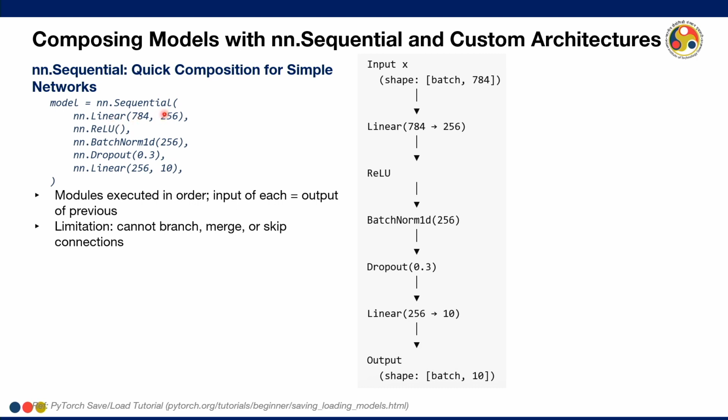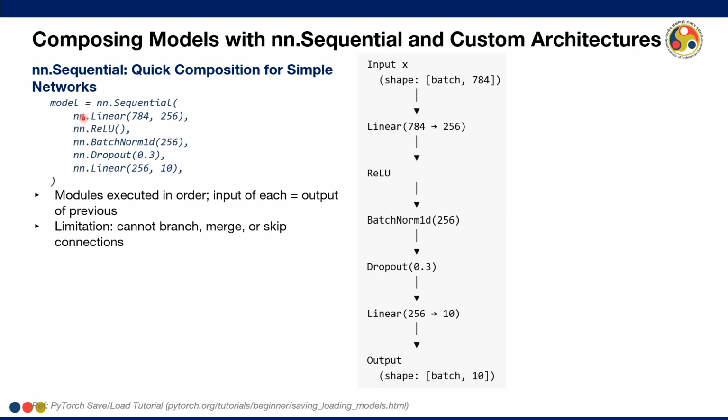In this figure, the input is X, which has the shape of batch by 784, so 784 is the dimension. This goes as input to the linear layer, where 784 is converted to 256 output neurons, right? And this goes to the input of the next layer, which is the ReLU activation.